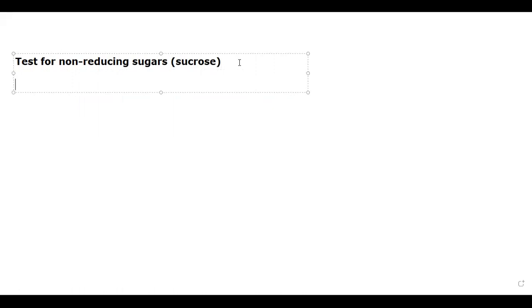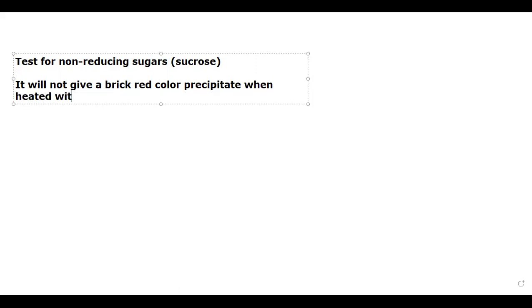It will not give a brick red color precipitate when heated with Benedict's solution.